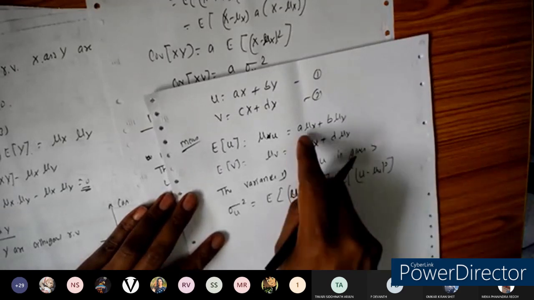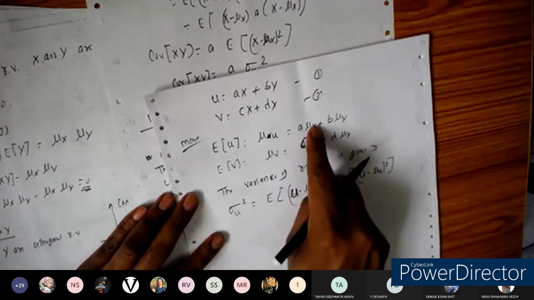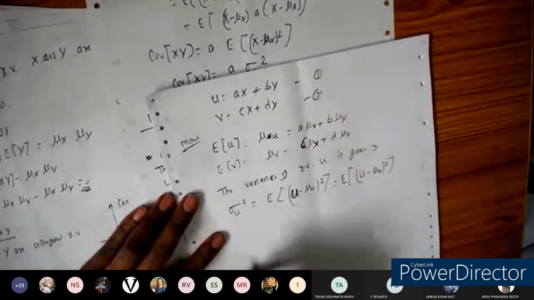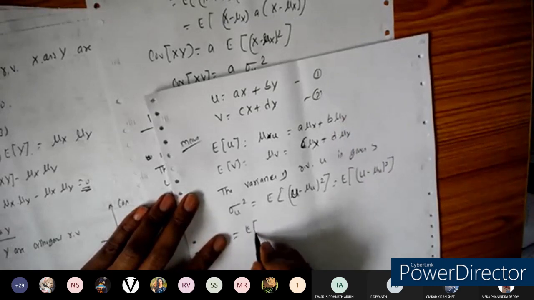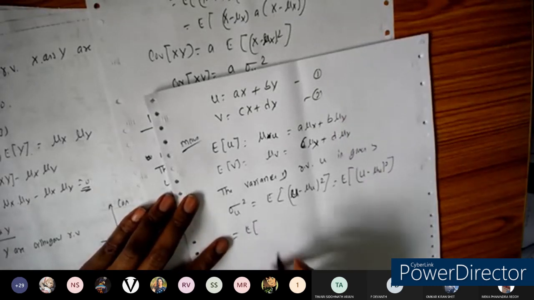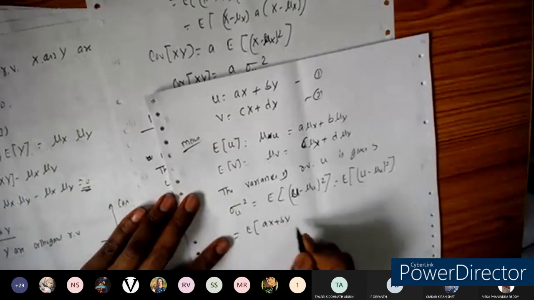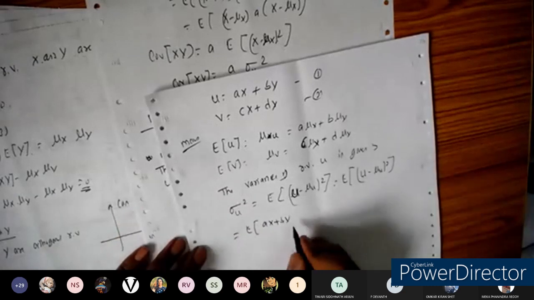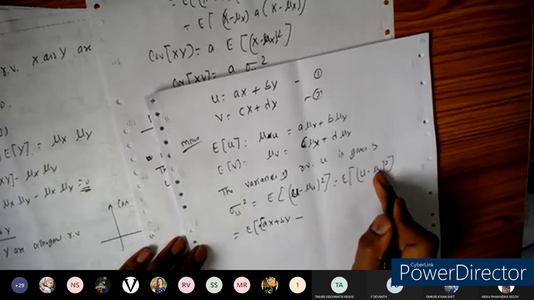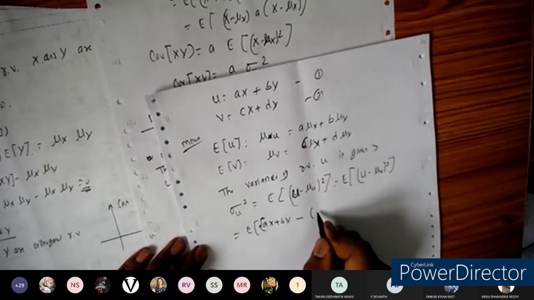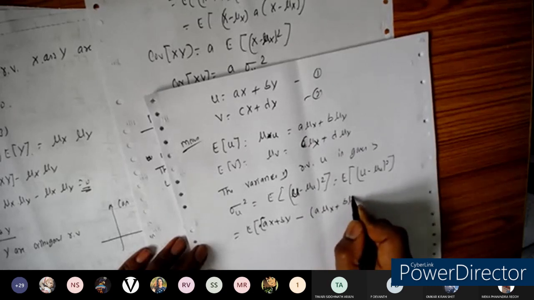U is aX + bY, and mu_u is a times mu_x plus b times mu_y. Let us substitute and expand that: the expectation of (aX + bY minus (a mu_x + b mu_y)) the whole square.